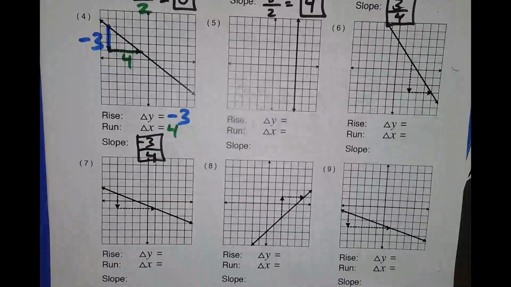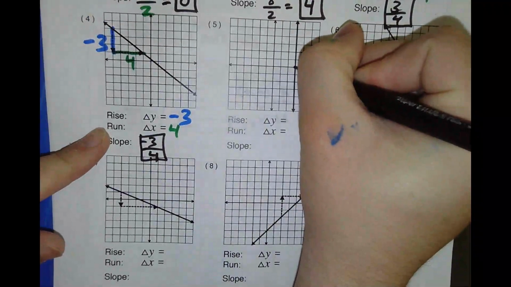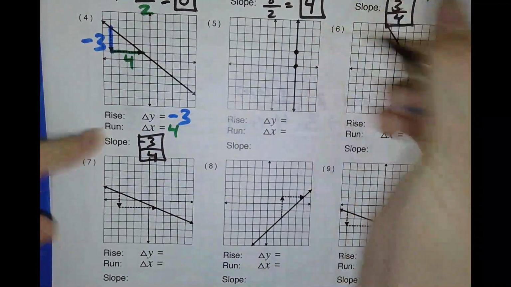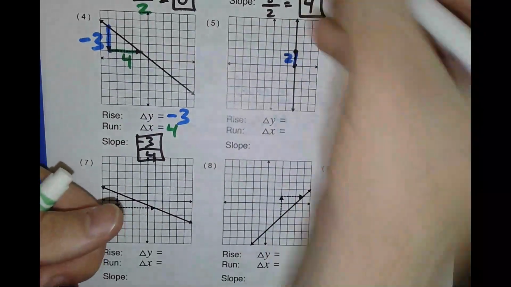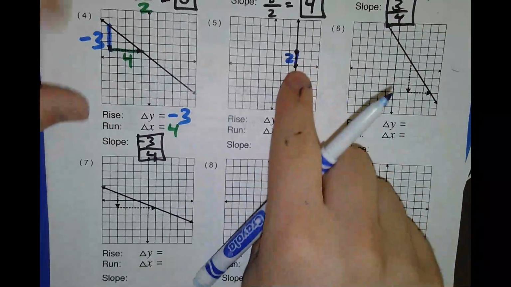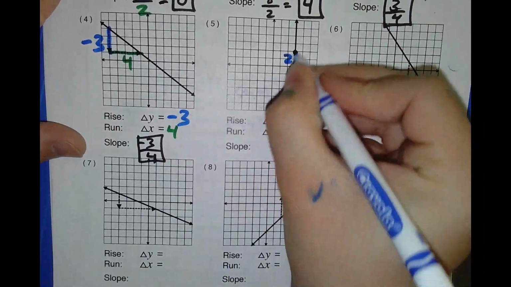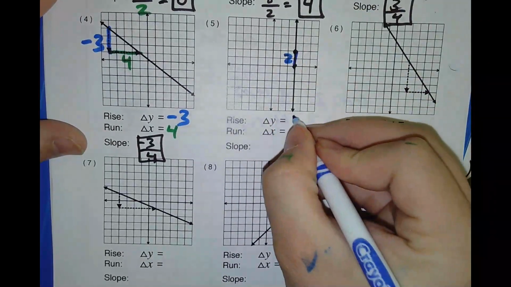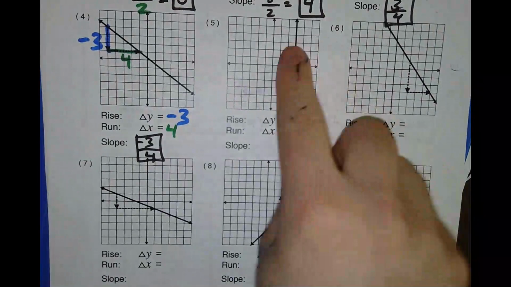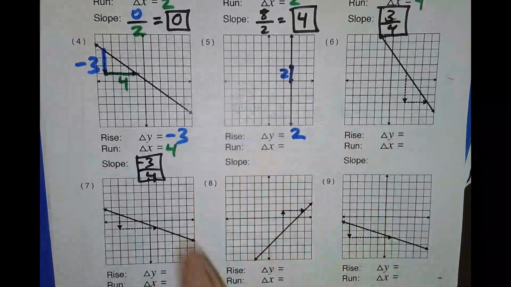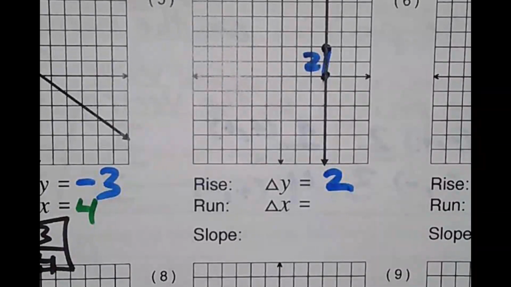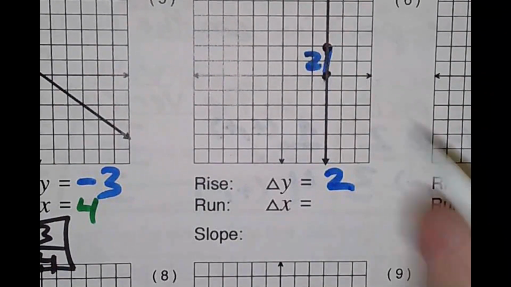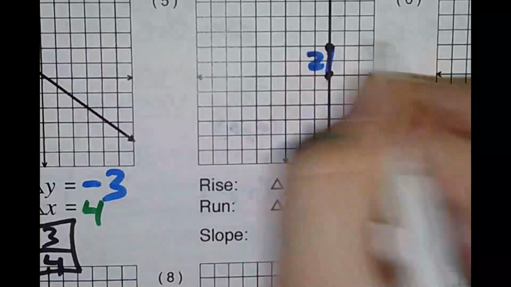Okay, number 5. Did you choose any two dots on your graph? What was the rise? For you, you could have said the rise was 2, maybe it was 3, maybe it was 7. Whatever two dots you used, you chose a vertical rise that has a number. For this example, with these two dots here, I have rise is 2. And what's the run? Sorry, what's the horizontal change?